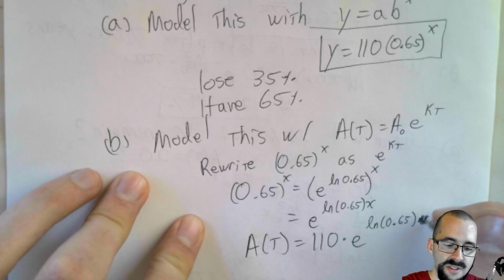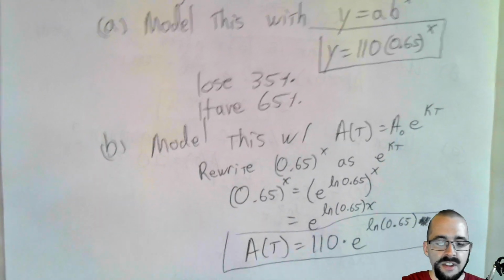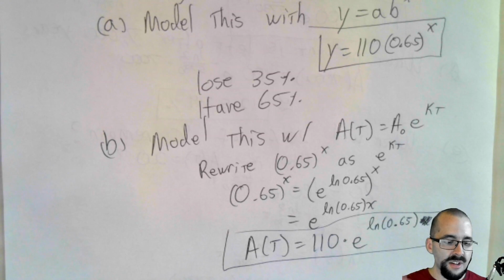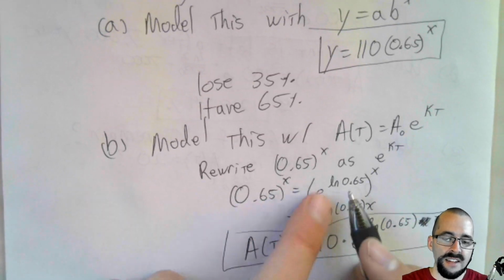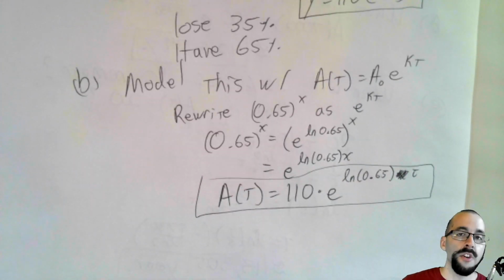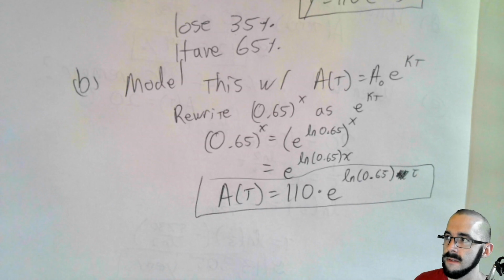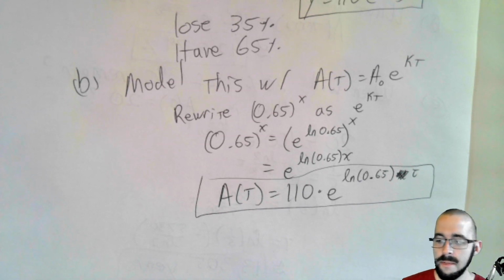Oh, and we should be using the right variable. Our variable here is t. So this is a trick you can use to rewrite b to the x as e to the kt. You can also do this just like we did in 1b, so go back and look at 1b if you don't like this method, or you can use this method.